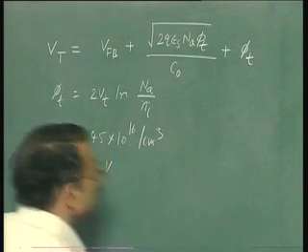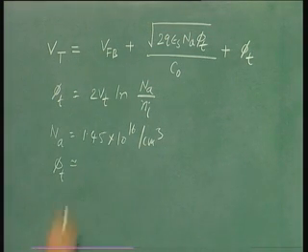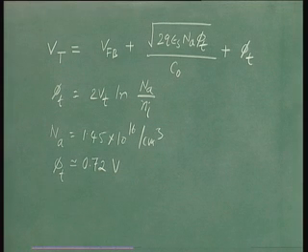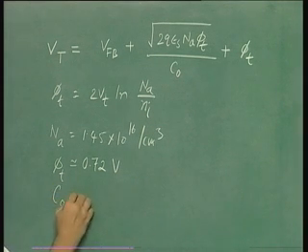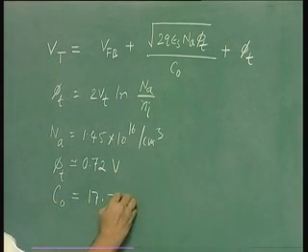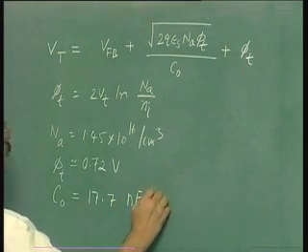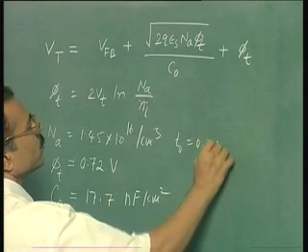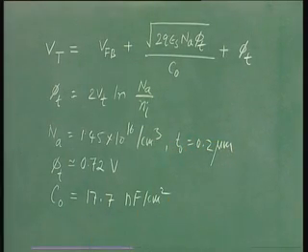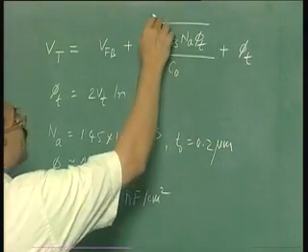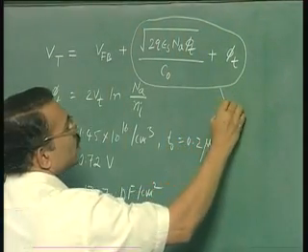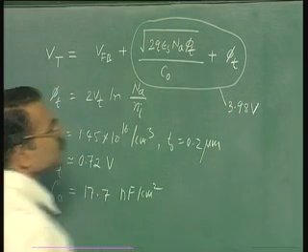I am sorry, phi t is about 0.72 volts. And C naught we have already determined to be 17.7 nanofarad per centimeter square for T naught of 0.2 microns. And in fact this is the so called ideal threshold voltage. This we had shown to be 3.98 volts.